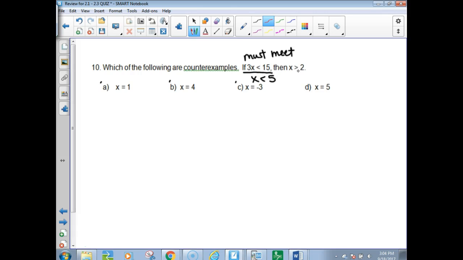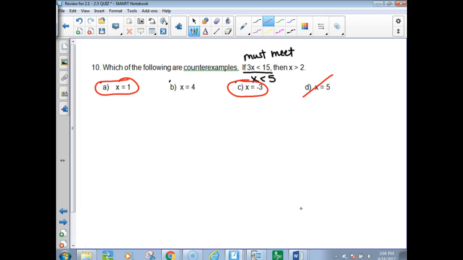This one is not included at all because it's not even less than 5. So I need something down here that's not bigger than 2. So 1 is a counterexample, and -3. So there are actually 2 answers that were counterexamples in that problem.